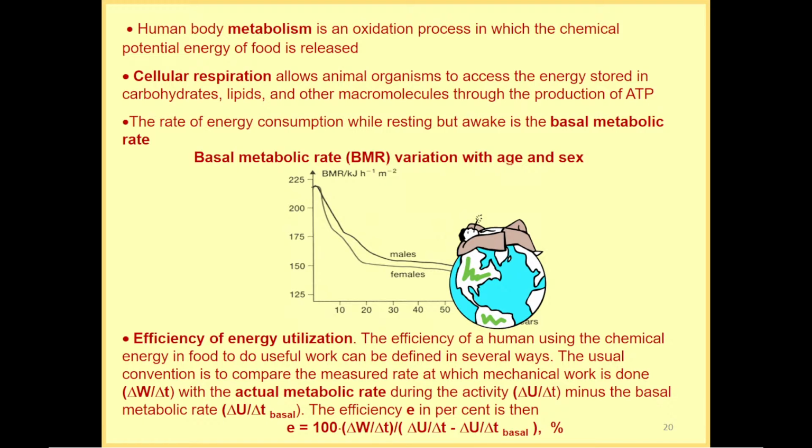The usual convention is to compare the measured rate at which mechanical work is done with the actual metabolic rate during the activity minus the basal metabolic rate. The efficiency in percent may be calculated by this formula: efficiency of energy utilization, that is, the energy released from food.